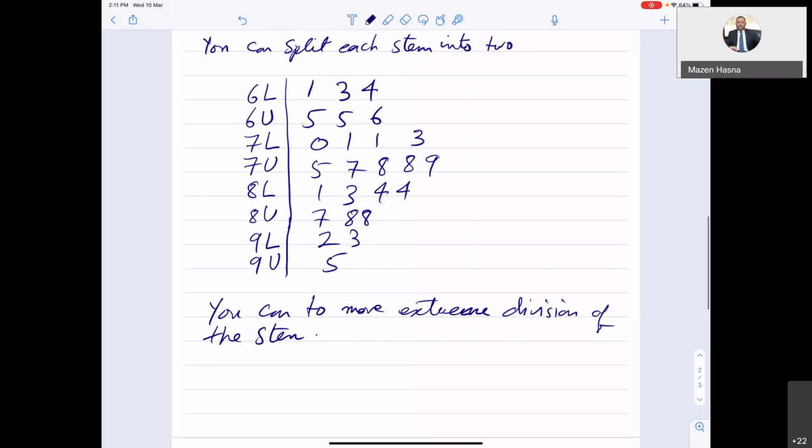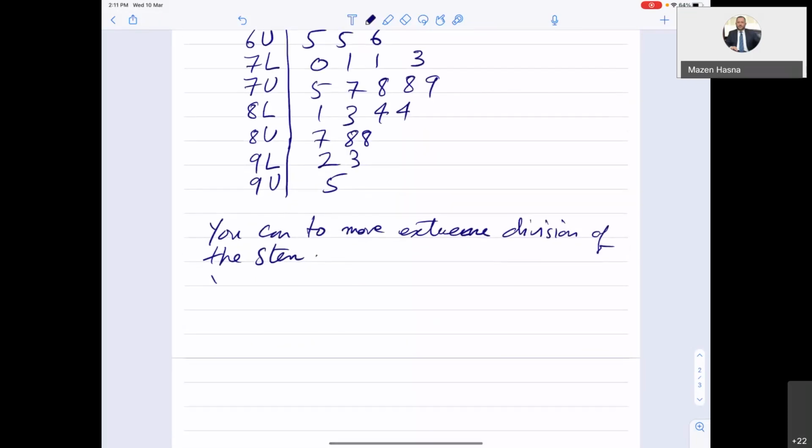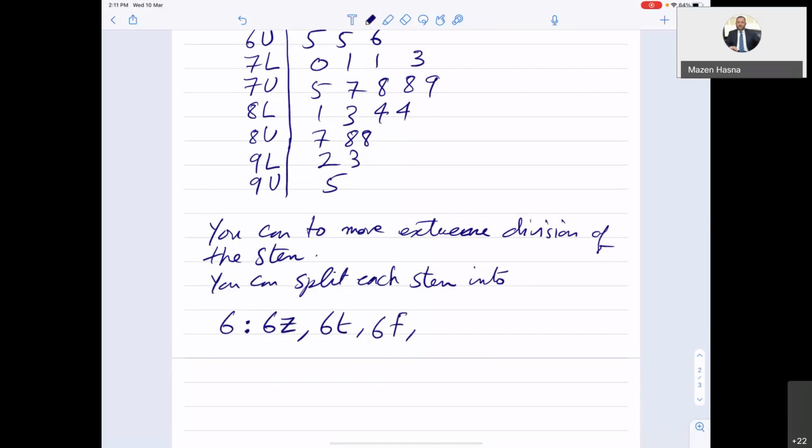So you can split each stem into, for example, 6, which will be split into 6Z, 6T, 6F, 6S, and 6E. What are those? What does this mean?